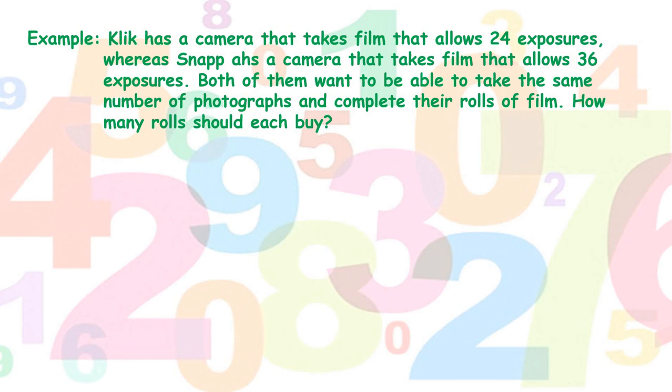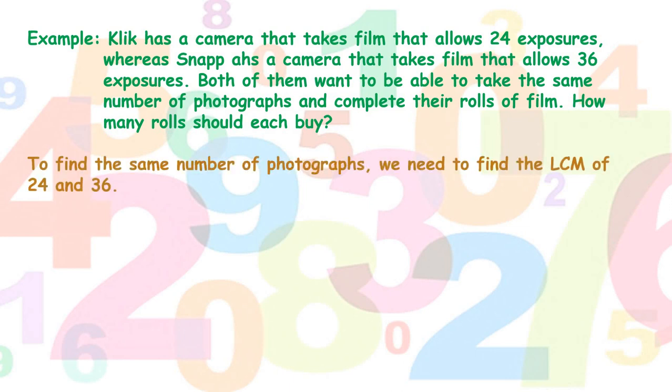Now students, if they have to take the same number of photographs and their particular films take different numbers of exposures, obviously they will have to buy multiple rolls of film, right? So to have the same number of photographs, we will find the LCM of 24 and 36.